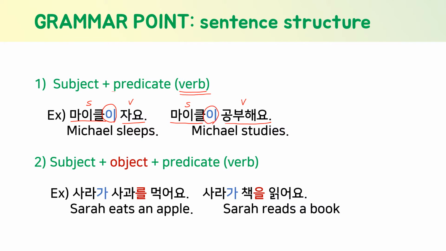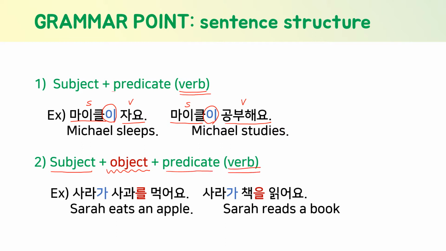But another sentence structure is with the object. Unlike in English, in the Korean sentence structure the object comes after the subject. So subject, then object, then the predicate, which is the verb for the most part.